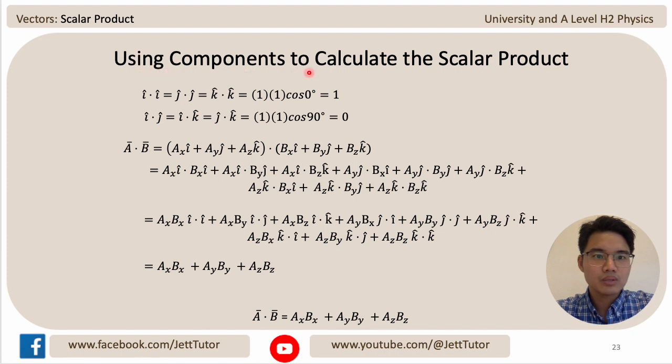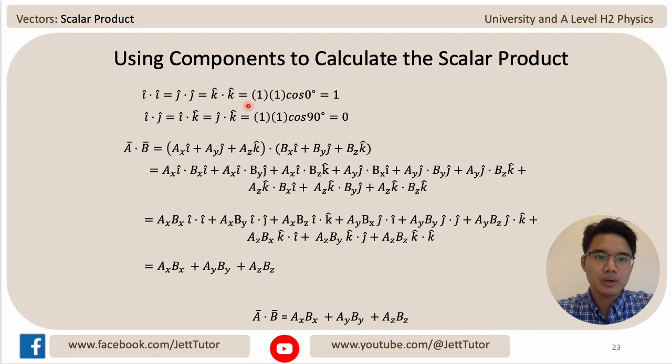Using components to calculate the scalar product. First, i hat dot i hat, j hat dot j hat, k hat dot k hat. Since i hat dot i hat has the same direction with the same vector, the angle between them is 0.